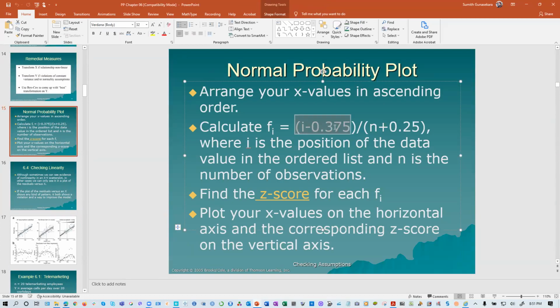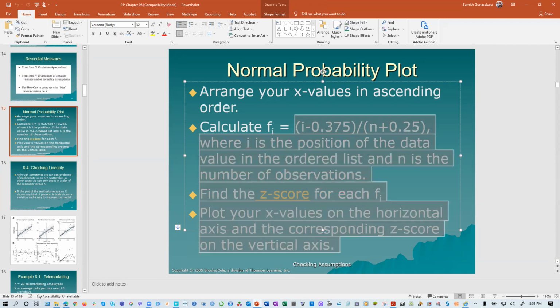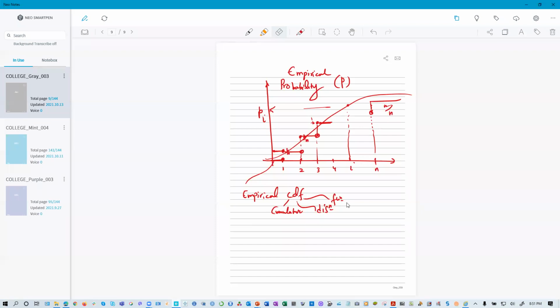This is the quantile. I know it's not i over n, but if it is the ith one, my probability should be i over n. These are the probabilities: the second probability, the third probability, the ith probability. The nth probability is n over n, which is 1.